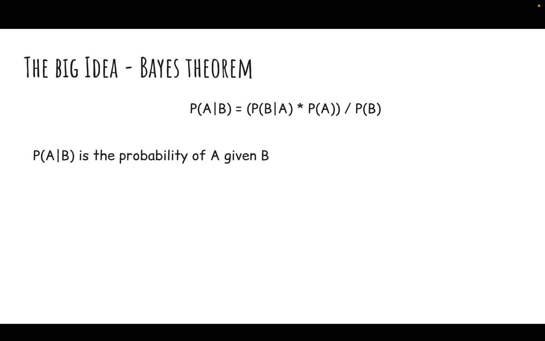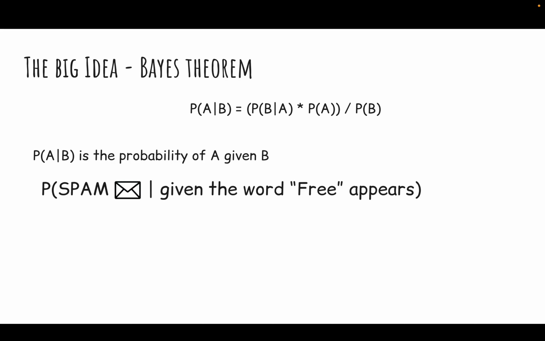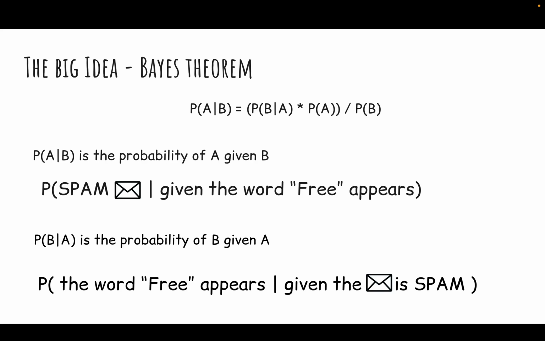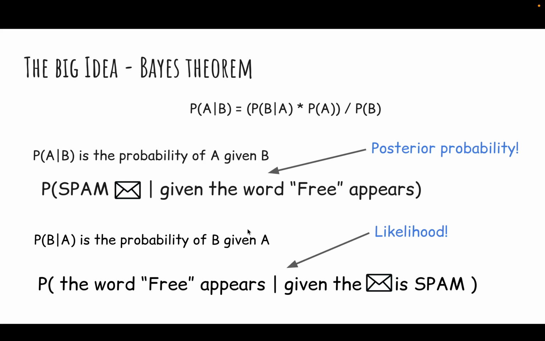In our spam classification, it translates to the probability of a spam mail given the word free appears in our mail. Similarly, we have P of B given A, which is the probability of B given A, which translates to the probability the word free appears given the mail is spam. P of A given B is known as the posterior probability, which is the technical term for it. Then we have the likelihood, which is P of B given A.